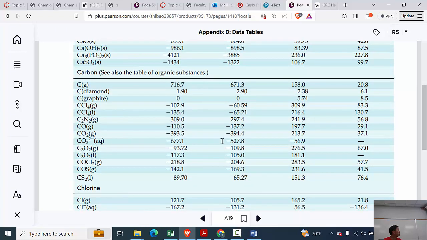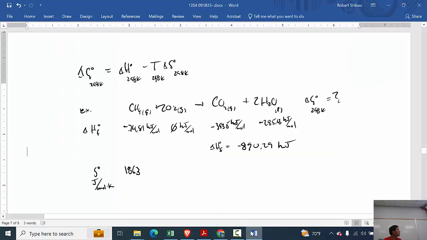So CO2's entropy is 213.7. So CO2 has a little higher entropy. It's probably due to the vibrational modes. You would expect methane to be at a higher entropy because it's got more atoms.